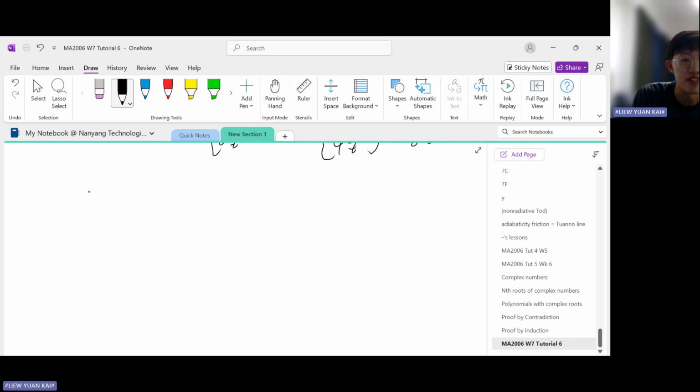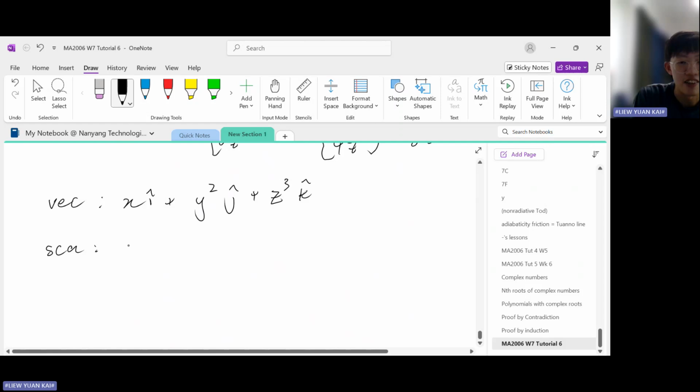So for example, a vector function would be something like x i plus y squared j plus z cubed k. So this is a vector function. A scalar function would be something like x squared plus y squared. Okay, what's the difference between these two?